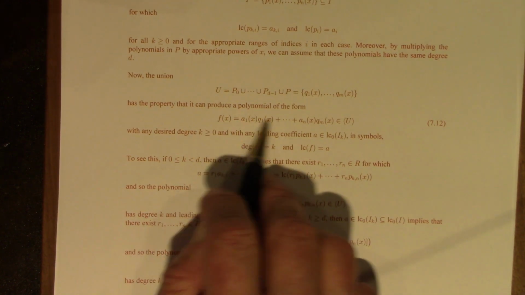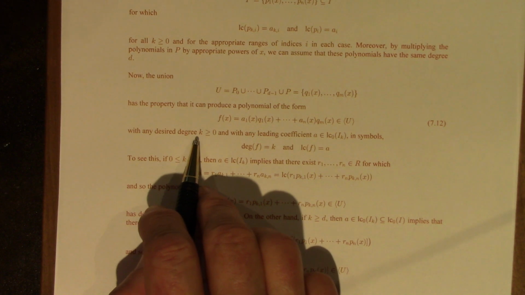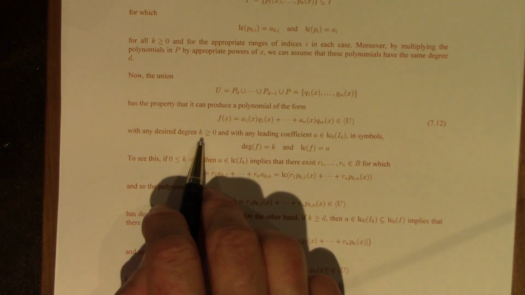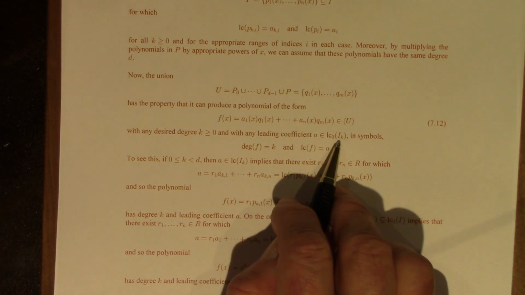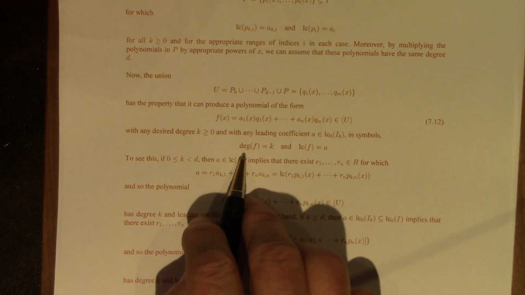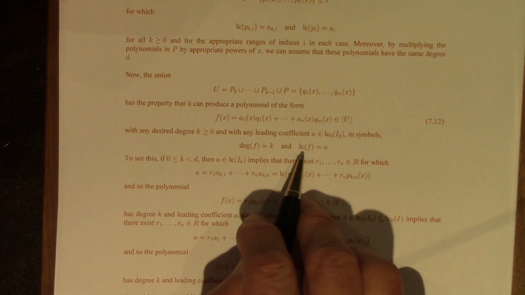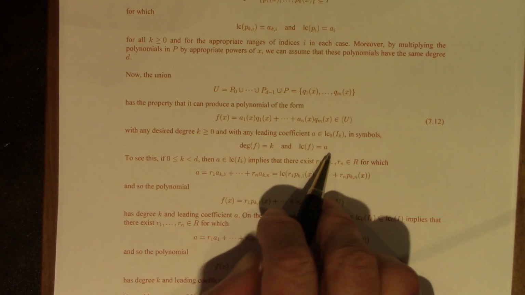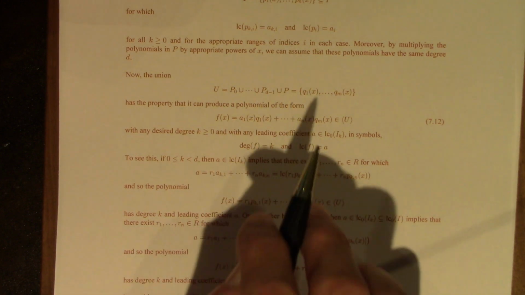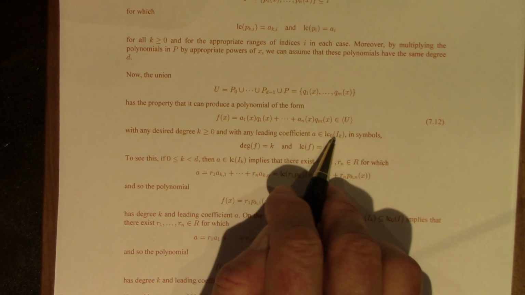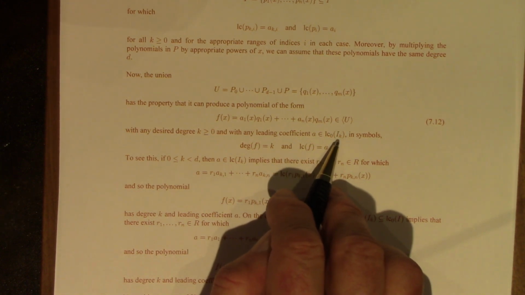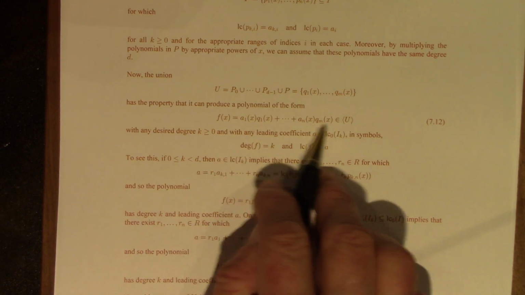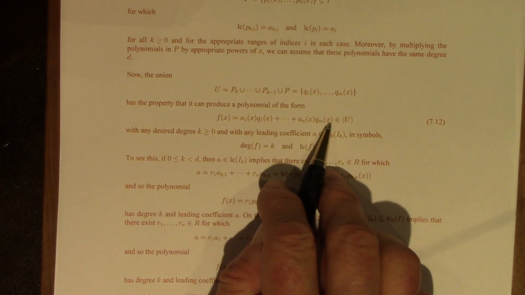It can produce a polynomial of this form with any desired degree k and any leading coefficient a belonging to a polynomial in I sub k. So degree of f is k, leading coefficient of f is a. You pick the degree, you pick the element you want to be leading coefficient of a polynomial of that degree, and you can find such a polynomial of this form.